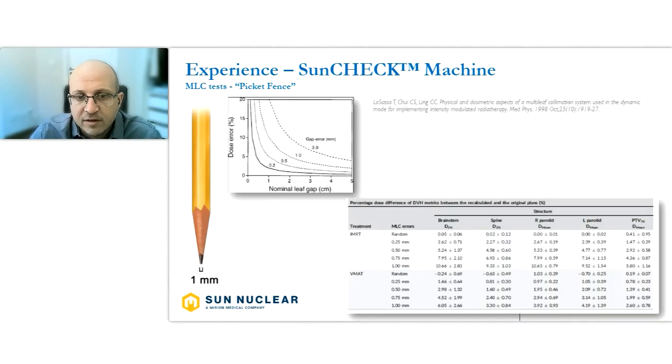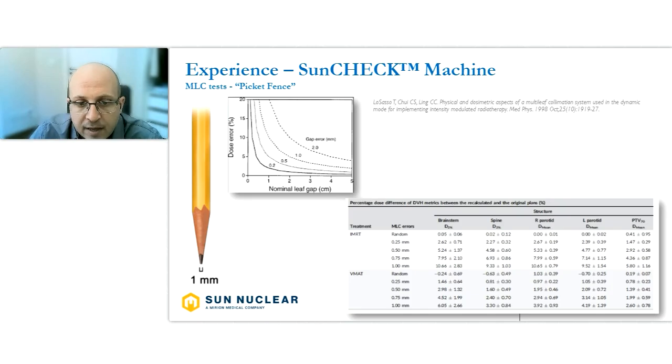To illustrate the clinical importance of quality control, one of the most important components of a LINAC is the multi-leaf collimator. The classical publications from Losasso show us that even sub-millimeter errors can lead to dose errors of 5 to 10% or more. So this parameter is very critical.